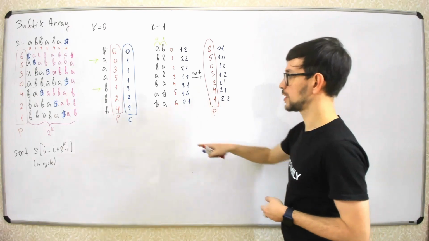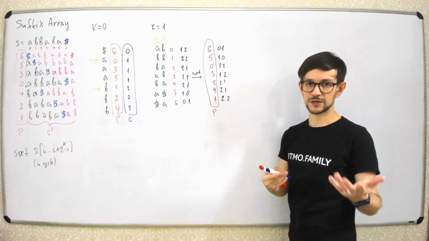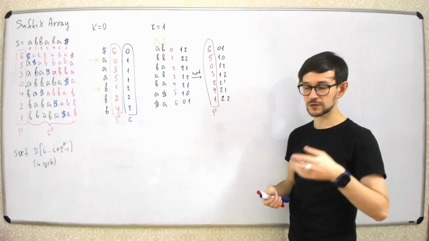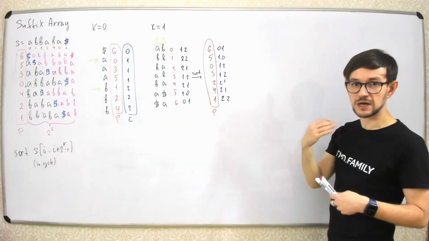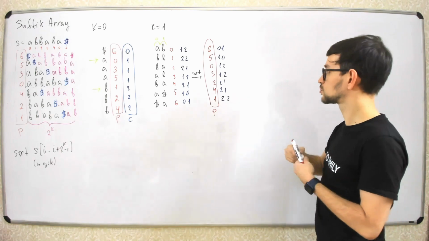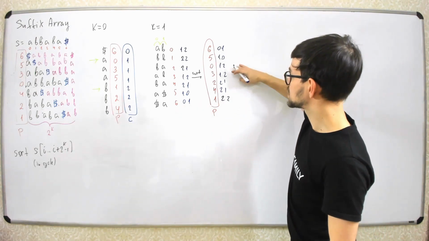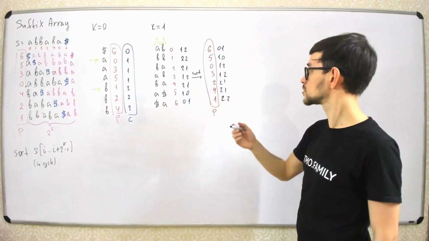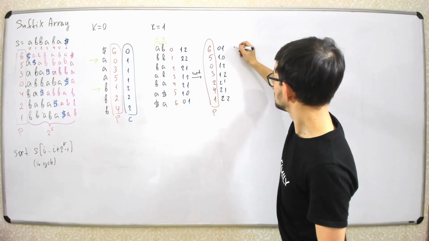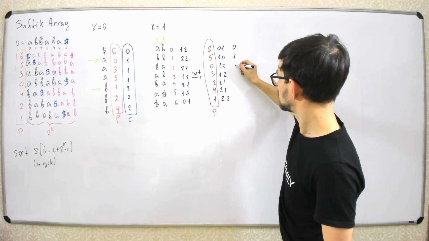Now let's recalculate this array C. The array C will be an array of classes. For each string we need to assign some class to this string. So again, we just go from top to bottom and assign new integers. If strings are equal, we assign the same integer. If they're different, we assign different integers. So this is 0, 1, 2.